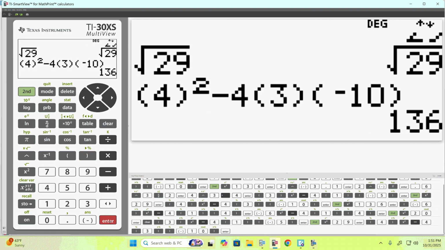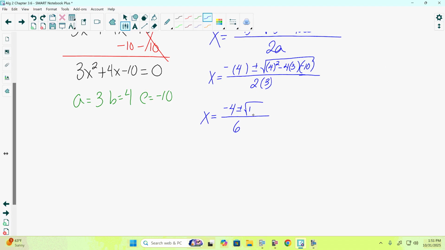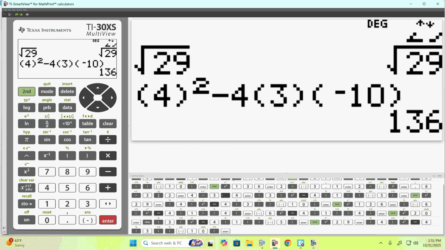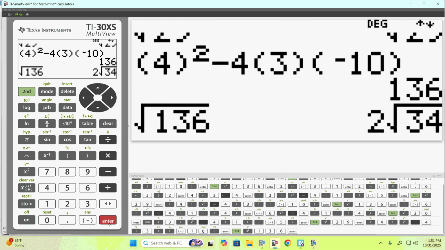It tells me it's 136. Then if we want to, we can immediately tell it, take the square root of 136 for me. 2 square roots of 34. It's not negative, so we don't have to worry about pulling that negative out as i. Since it's in the square root, it's just 2 square roots of 34.